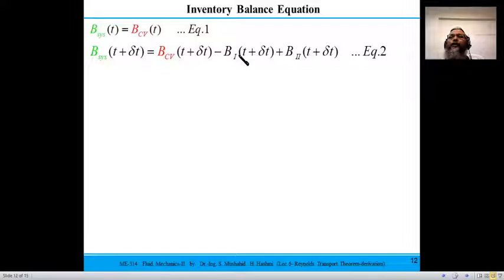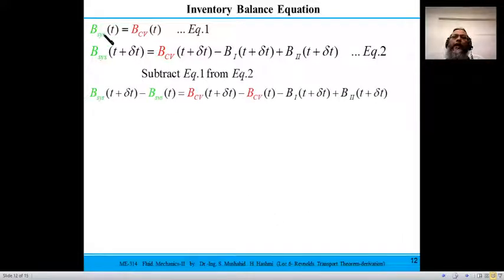So now I do a mathematical operation of subtracting equation number 1 from equation number 2. So minus is here, minus is here, and mathematically we have a minus here and a minus here. So we are subtracting.